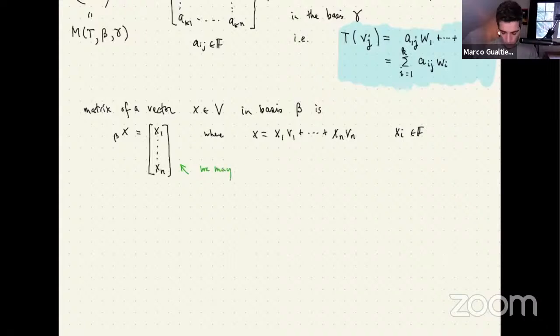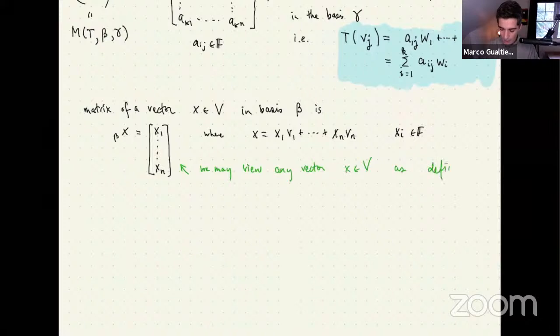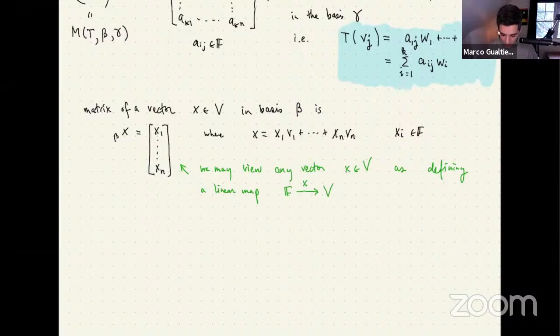we may view any vector x in V as defining a linear map from the field into V. This is one of these fancy kind of simple ideas where the number 1 is sent to the vector x, and any other number, lambda, would be sent to lambda x.